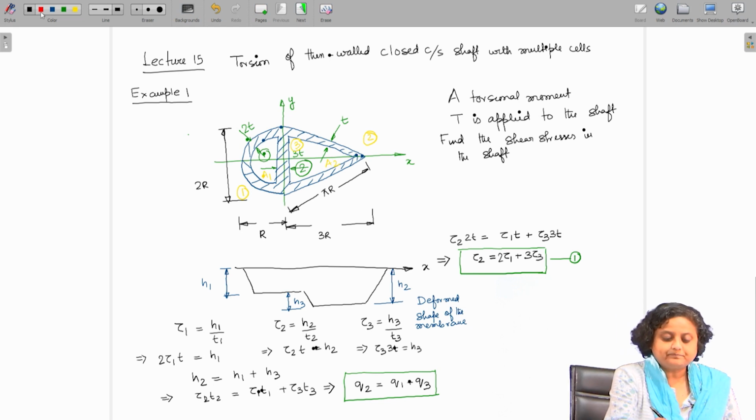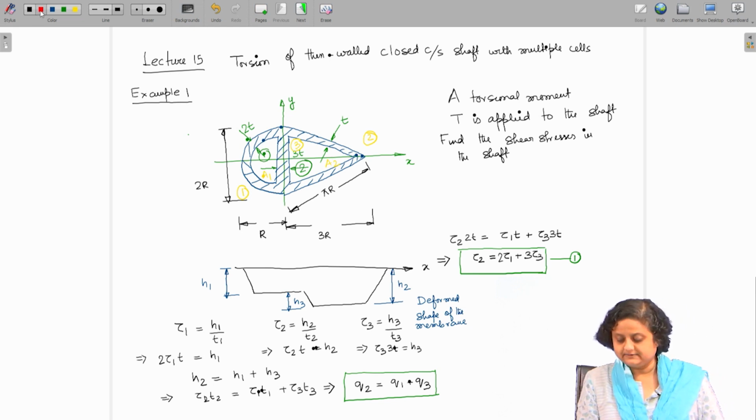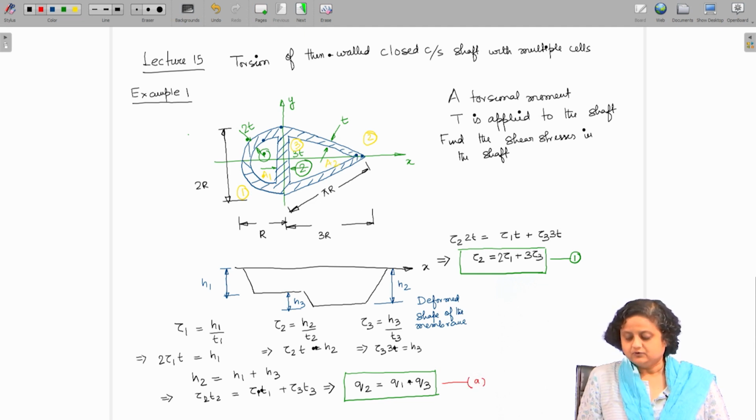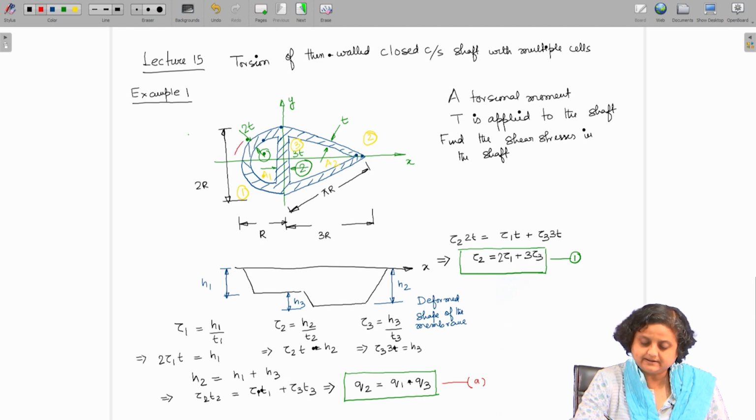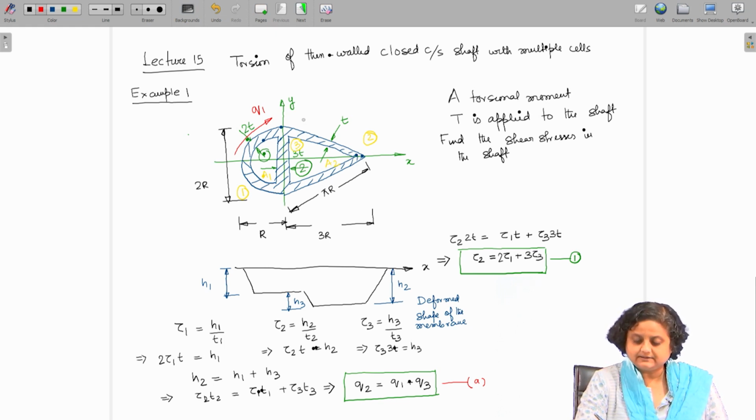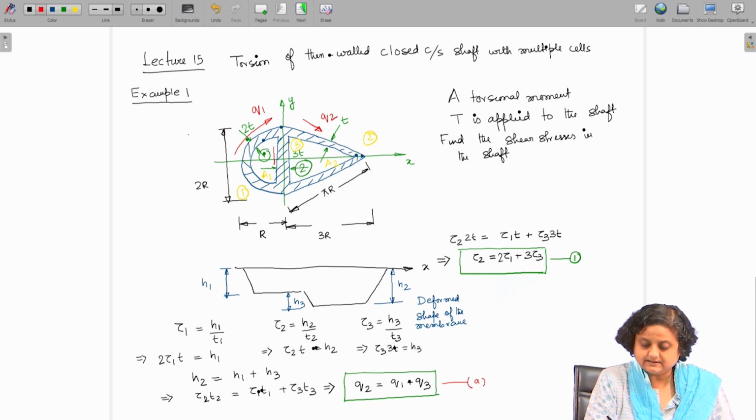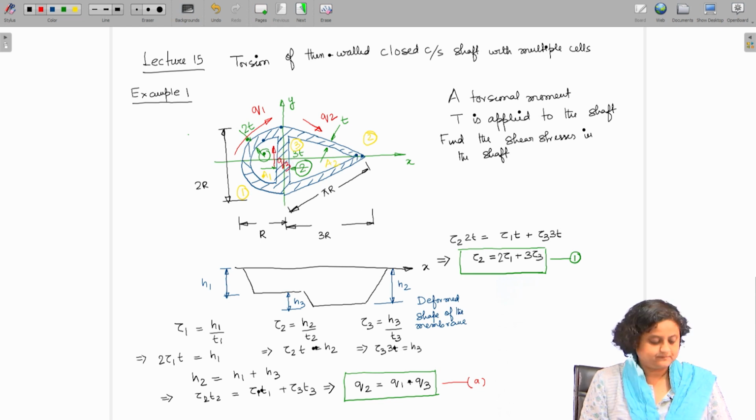Now, let us look at what this expression denotes. Let me call this equation A. So, let us see what equation A denotes. Equation A denotes that if I assume that Q1 is like this, and if I say that Q2 is like this, then I have to say that Q3 is like this.